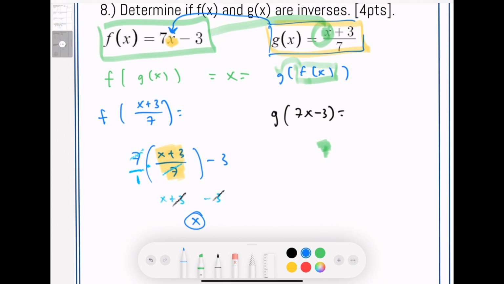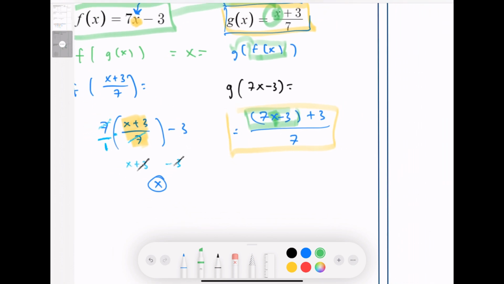So that would be 7x minus 3 plus 3 over 7. So basically it looks like the yellow box above. The only difference is now instead of x, we have 7x minus 3. Let's go ahead and simplify this.